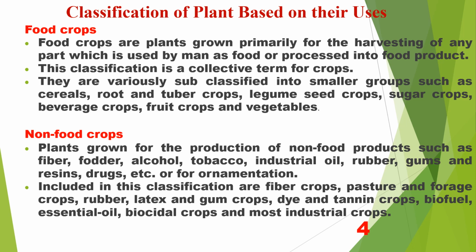That means for beautification of the environment. Included in this classification are fiber crops, pasture and forage crops, rubber, latex, and gum crops, dye and tannin crops, biofuel, essential oil, biocidal crops, and most industrial crops.